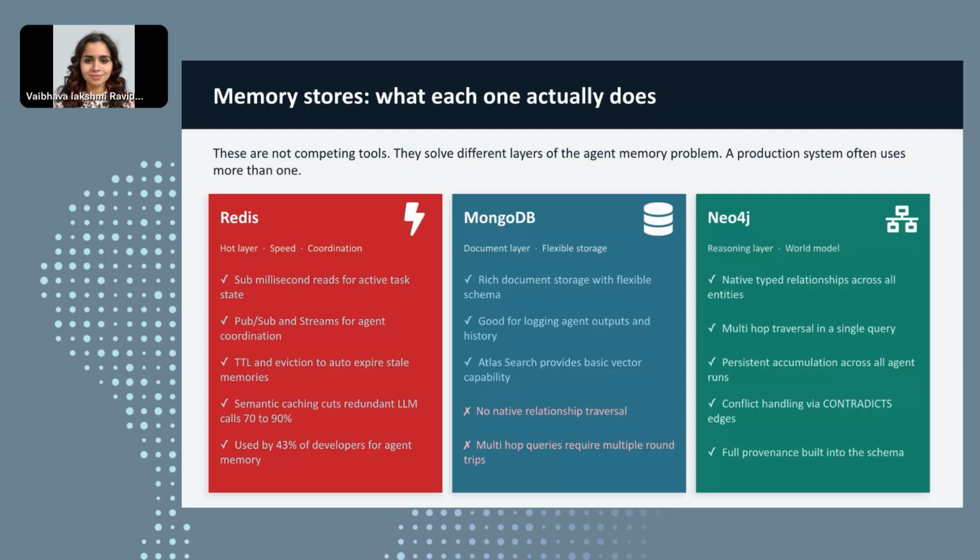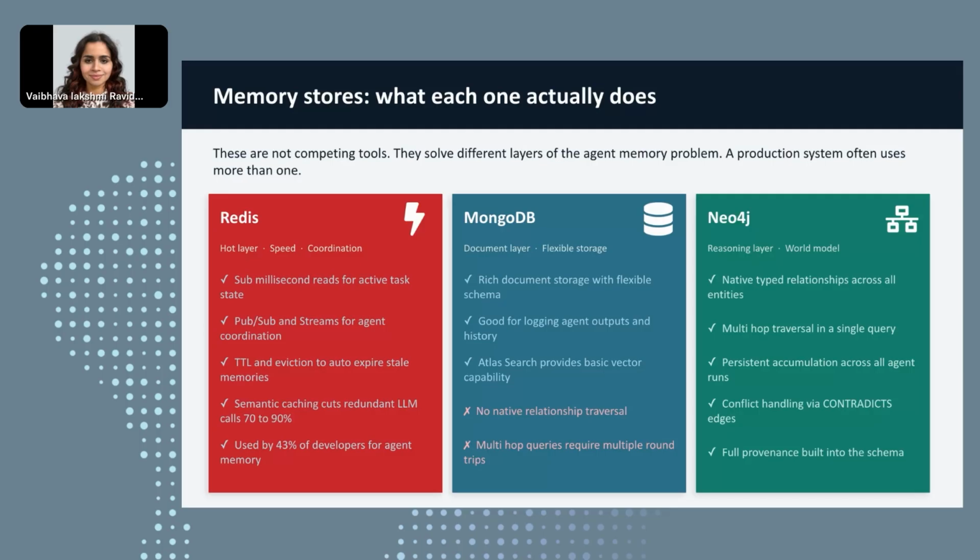43% of developers use Redis for agent memory right now, and there are definitely good reasons for that. And MongoDB is also solid for document storage, logging agent outputs, flexible schema work. So it definitely has its place.